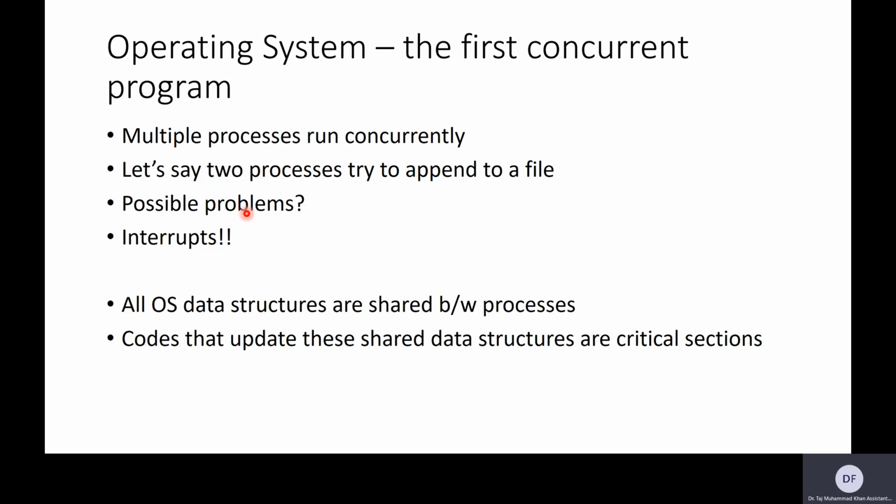Because of interrupts, one process can get interrupted and another process can run the same code accessing the same global data structures. So the operating system was one of the first programs that had to deal with race conditions and concurrency. The makers of operating systems came up with multiple methods to solve this concurrency, indeterminate behavior, or race condition problem, and we will see how they achieved mutual exclusion and atomicity in the next few chapters.